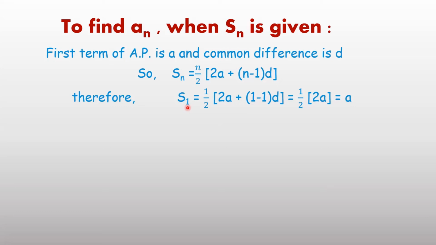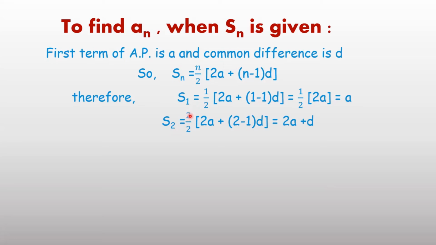Sum of one term is the same as the first term. In place of n write down 1 by 2 in bracket 2a plus 1 minus 1 into d, equal to 1 by 2 into 2a equal to a. Yes, next the sum of the first two terms of the AP.